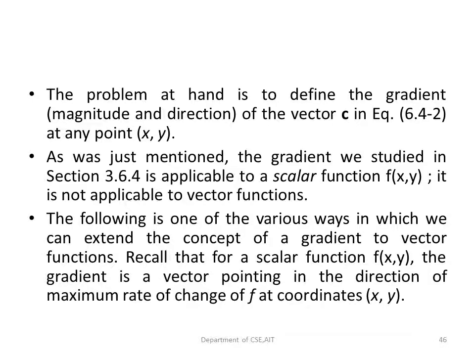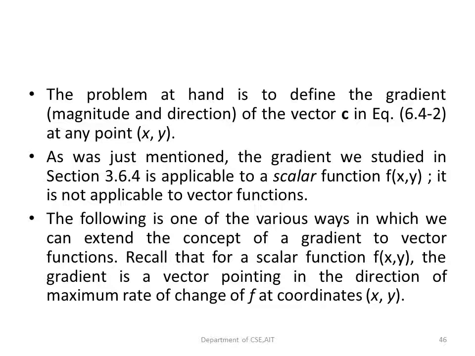Now we have to overcome the problem where the gradient is defined in terms of the magnitude and direction of the vector c, as in the previous equation, for any given point x, y. The gradient we have studied is applicable for a scalar function f of x, y. It is not applicable to vector functions.